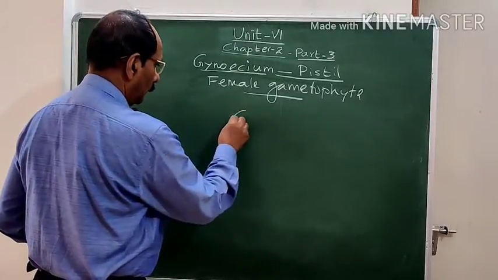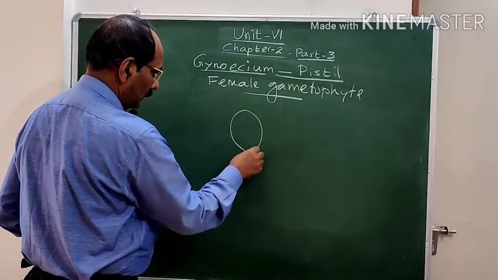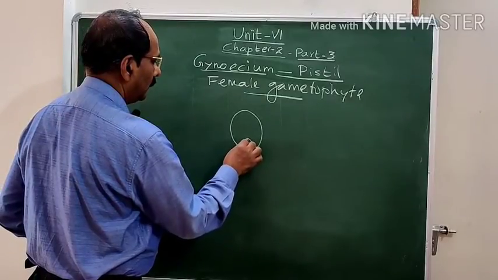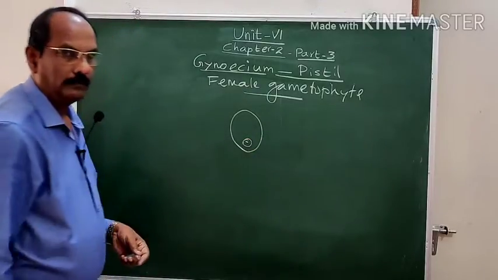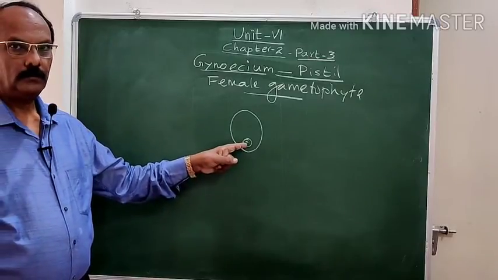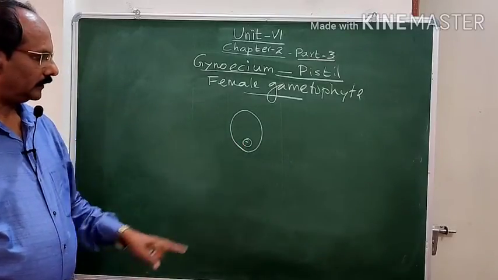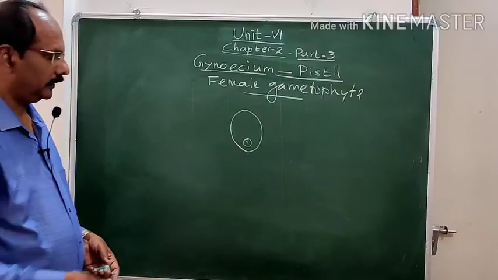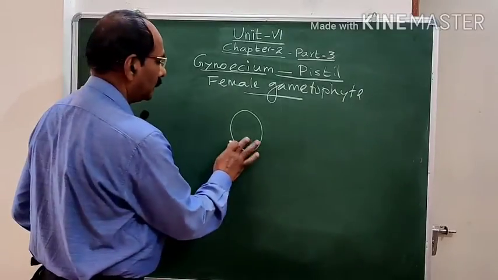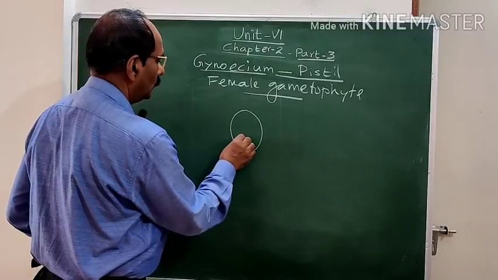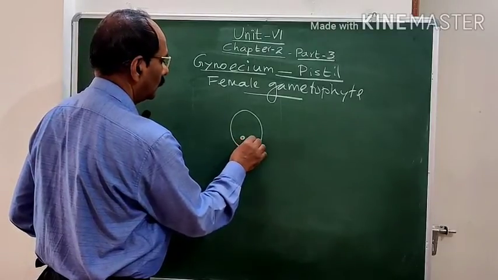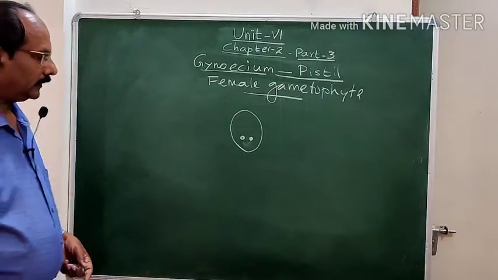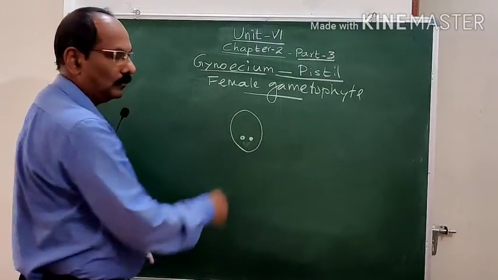Now this is the nucleus. The functional megaspore cell has a nucleus. Now what happens? This nucleus undergoes multiplication. It divides first into 2 nuclei. Then each one again divides into 2 by mitosis.